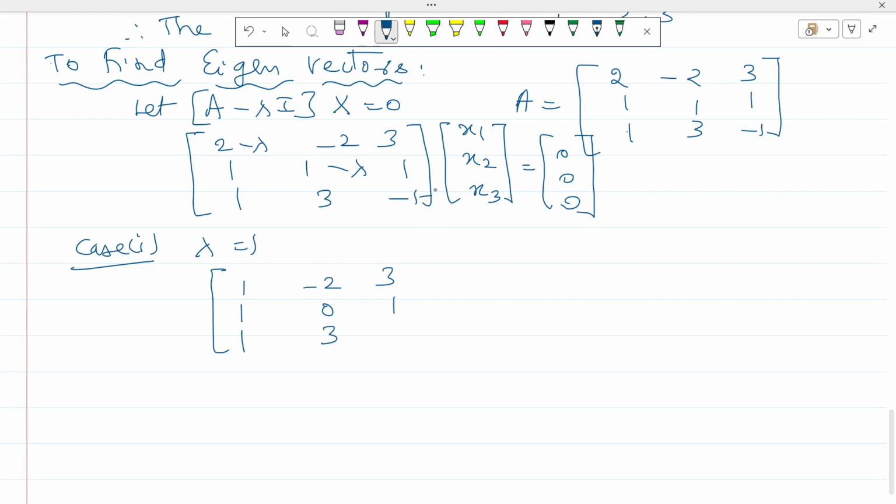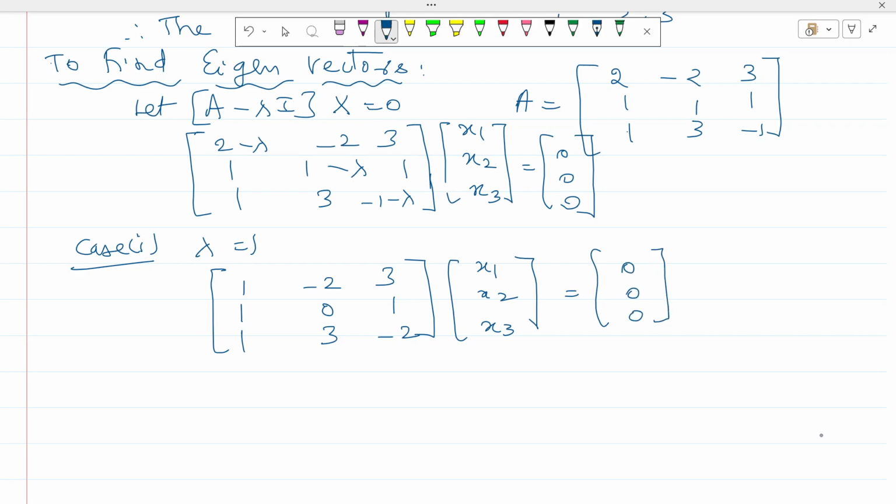Sorry, it is minus 1 minus lambda, no? So here you have to change it: minus 1 minus lambda. So we will get minus 2 here, then x1, x2, x3 equal to 0, 0, 0.